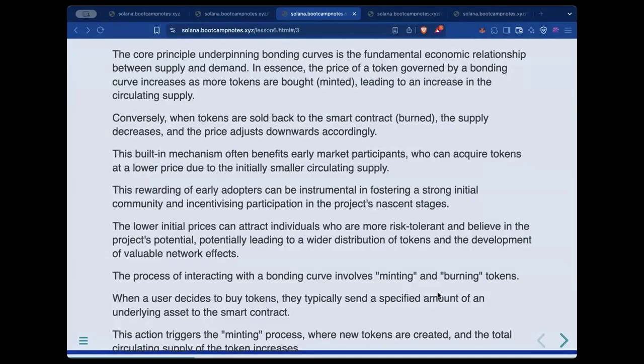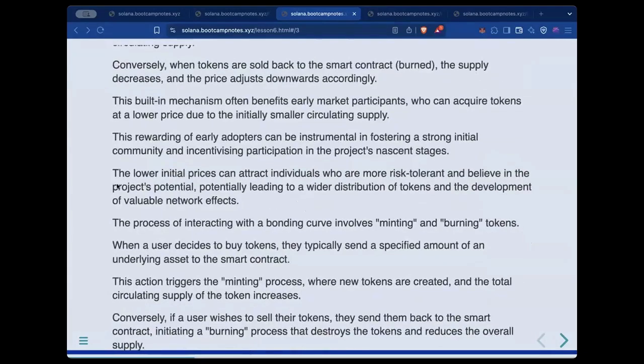So there has to be the correct security around this, but it is something that does happen. There's some details here of why you may want to do this, and you may want to change prices and supply of tokens at different stages of a project. So you've got the concept there of rewarding early adopters, for example.